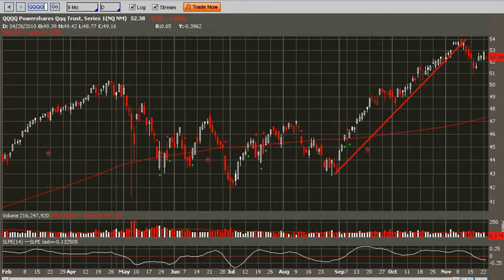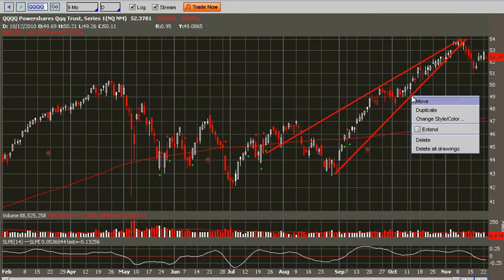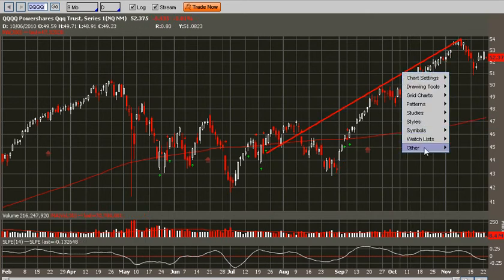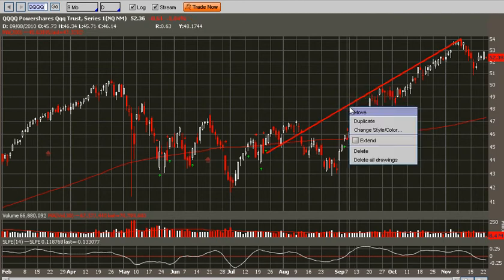There's one view that we can do, which gives us a rising wedge formation. That's one, and if we were doing that, it already would have broken through, which is one bearish signal.